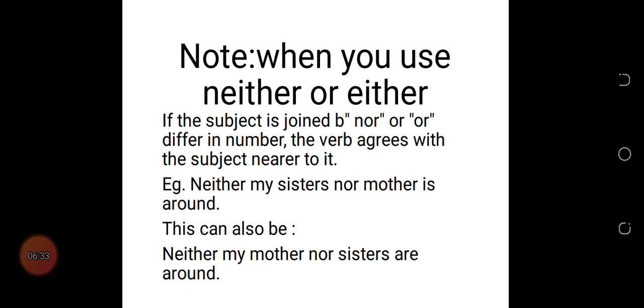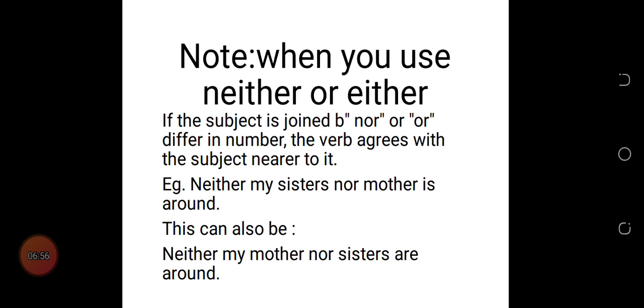Now let's note this. When we use neither or either, if the subject is joined by nor or, okay, the verb agrees with the subject nearer to it.